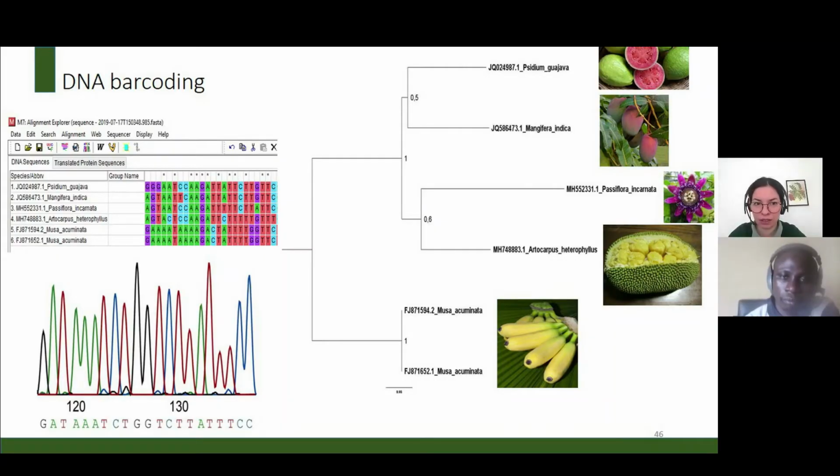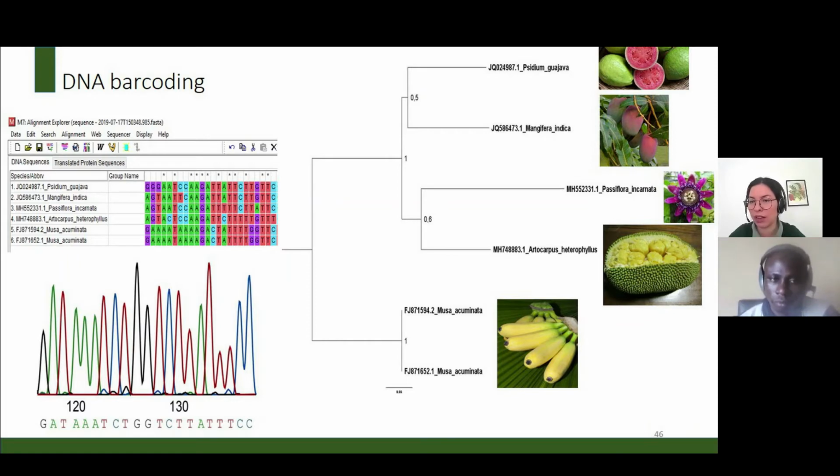This is another point. The main point in DNA barcoding is that the genetic variation inside the same species will be very small. The intraspecific variation, inside the same species, will be very close to zero.